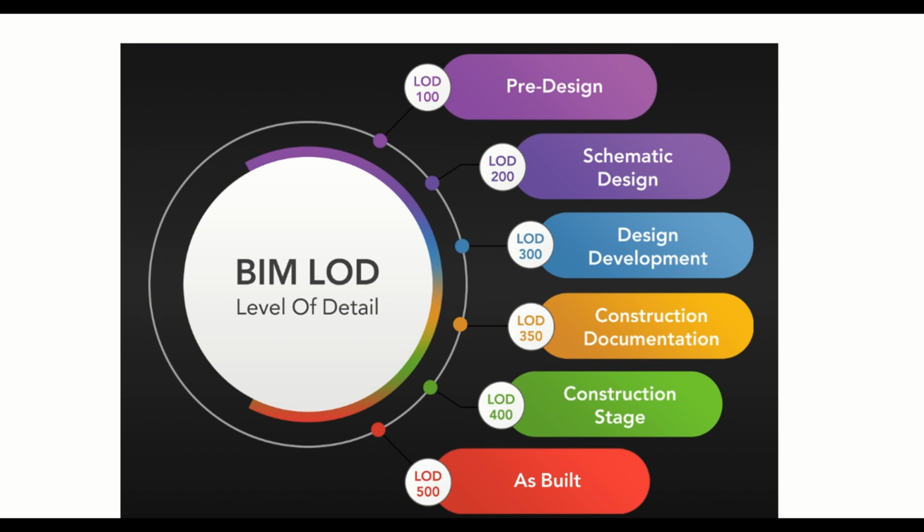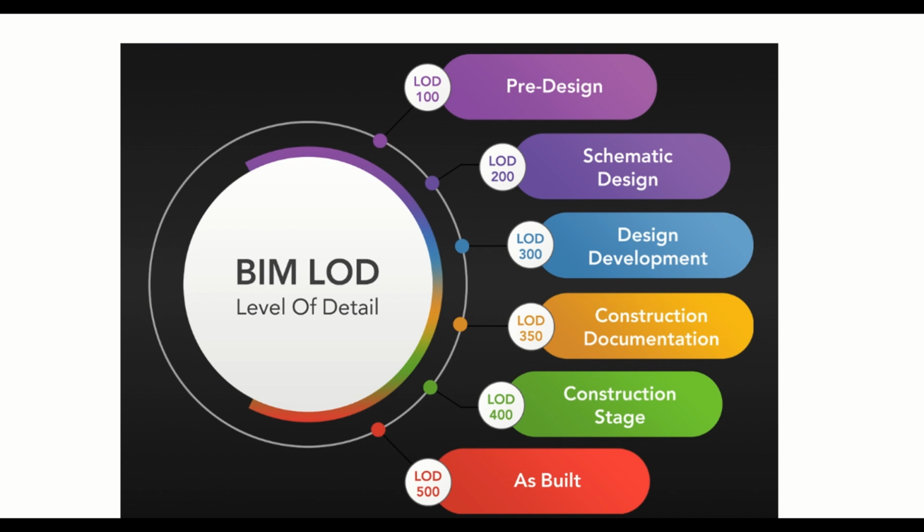Again, the stakeholders are not coming together at this stage as well. The plumbing guy is working differently, the mechanical guy is working differently. No non-geometrical data, which means no material will be defined, no other parameters will be defined, and no clash coordination will happen at this stage.